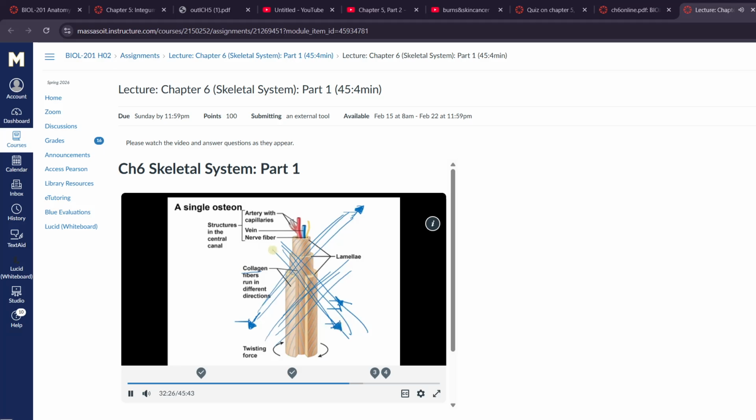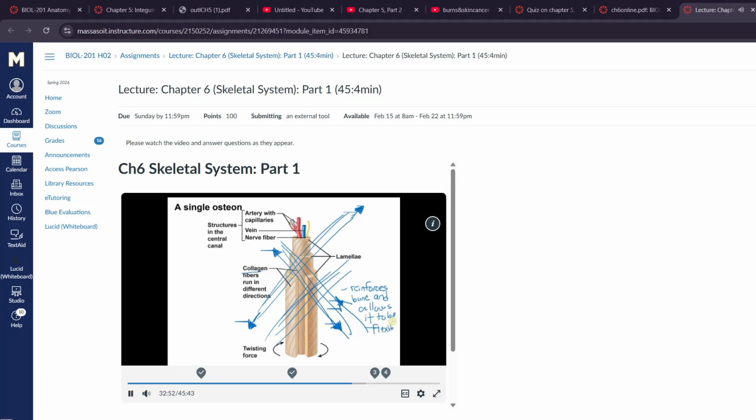And it's going in this direction. So you can pull it that way. In fact, you can pull it in many directions. So when collagen fibers overlap like this, what it does is it reinforces the bone and allows it to be flexible.